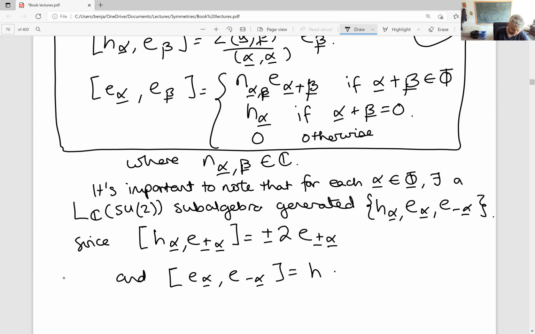Now, if you look back at our SU2 Lie algebra, you'll see it's precisely this. So for every root, we get a complexified SU2 subalgebra.